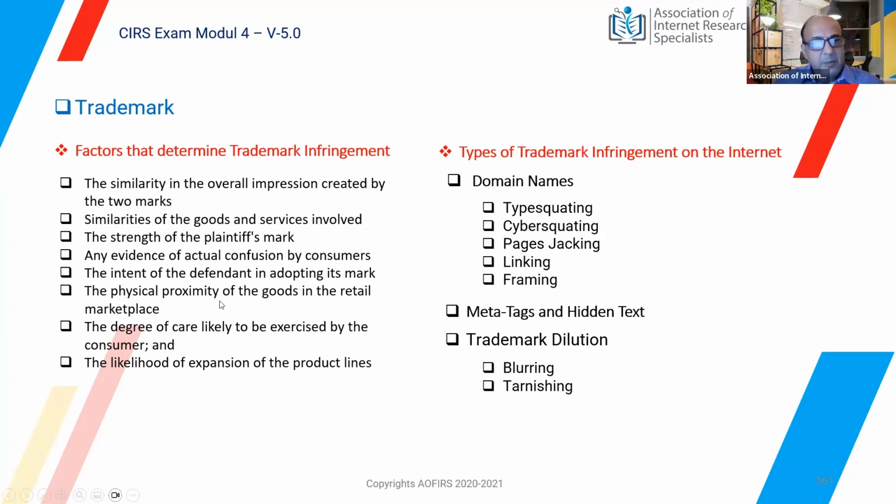Then we've got the physical proximity of the goods in the retail marketplace, meaning that how famous the product is in the eyes of the consumer would also mean that you have to prove that it is readily available for the consumers to look at.